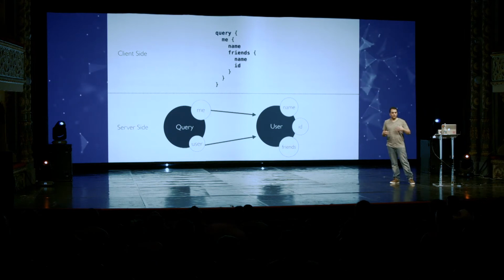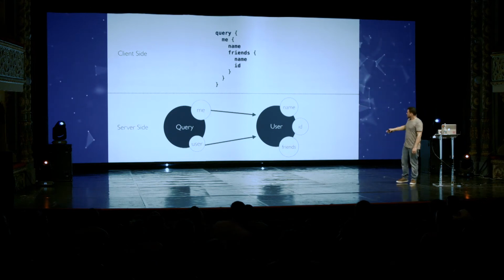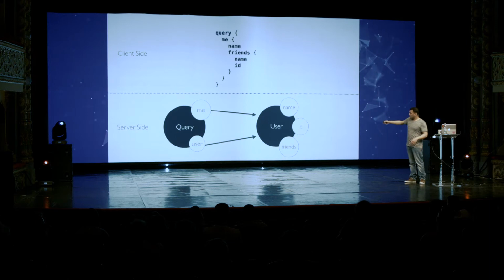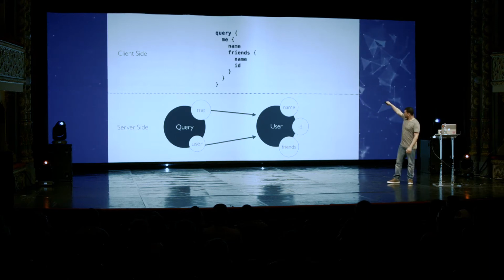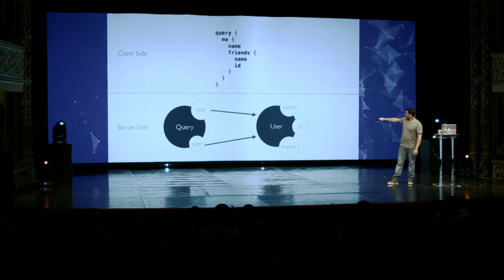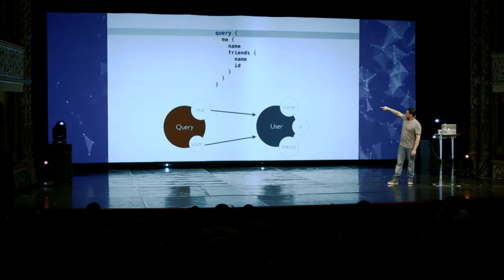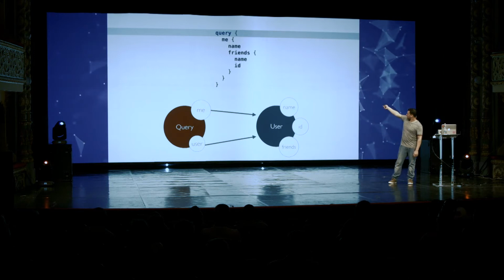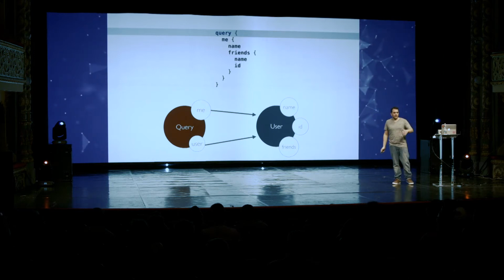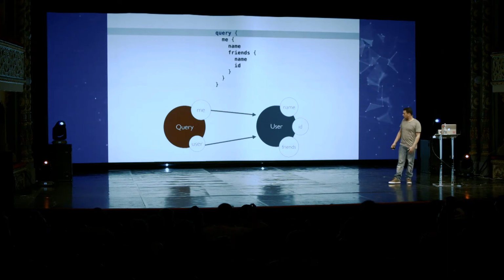The client side asks for data, and the GraphQL server will execute this query using the schema we created, and it just goes over each one of our requested fields. Let's start with the query. This way, GraphQL knows to execute the root type of query.